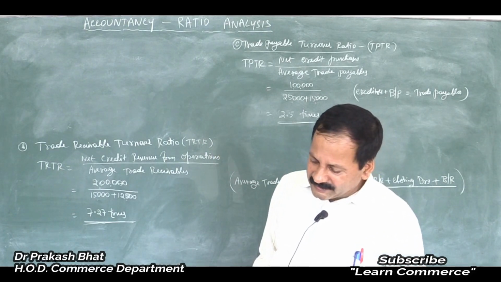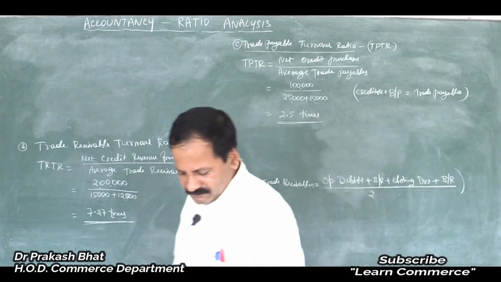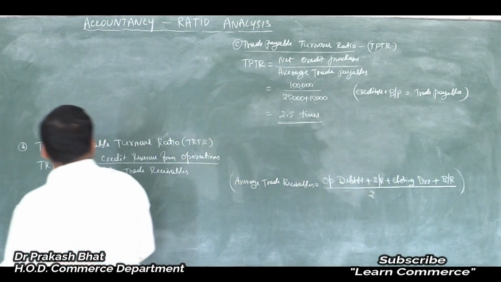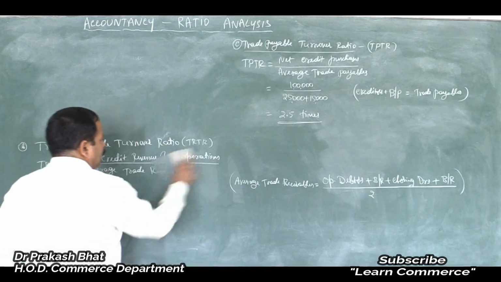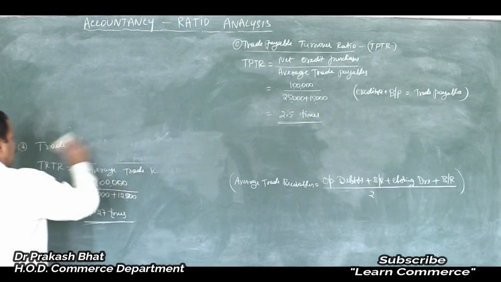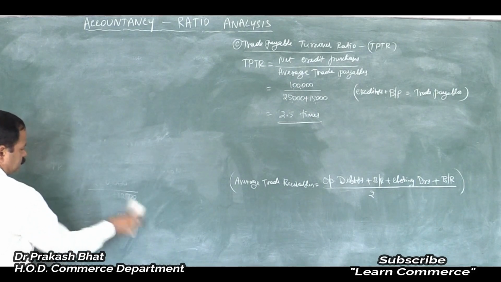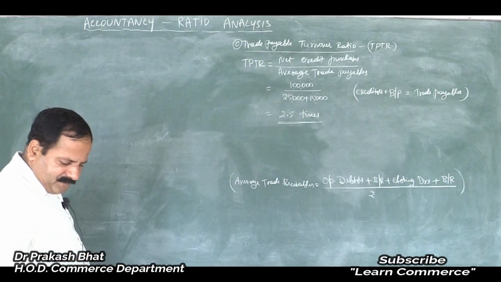They told us to calculate which ratio then? That is gross profit ratio. Fourth one, they asked us to calculate gross profit ratio. Let us calculate. Very simple formula.